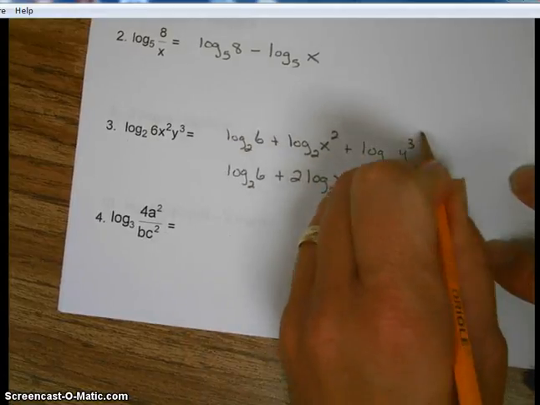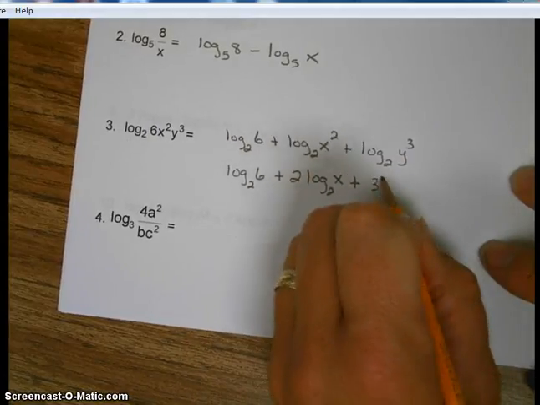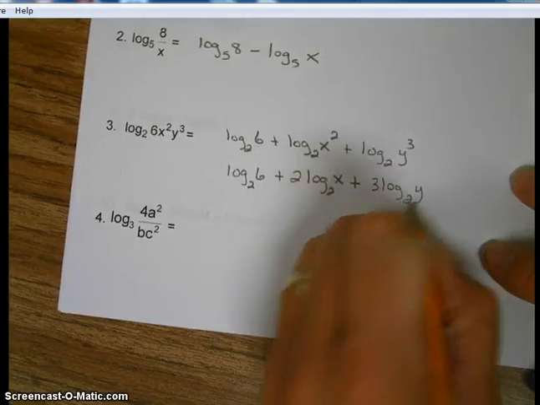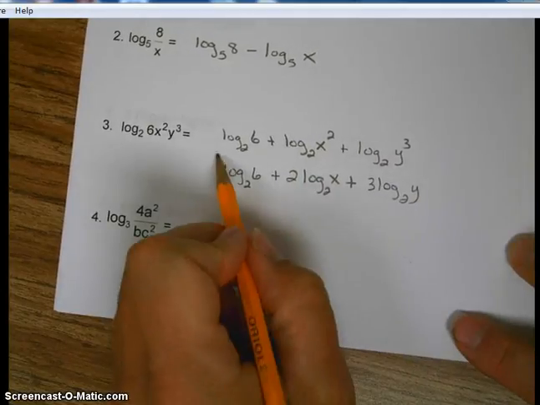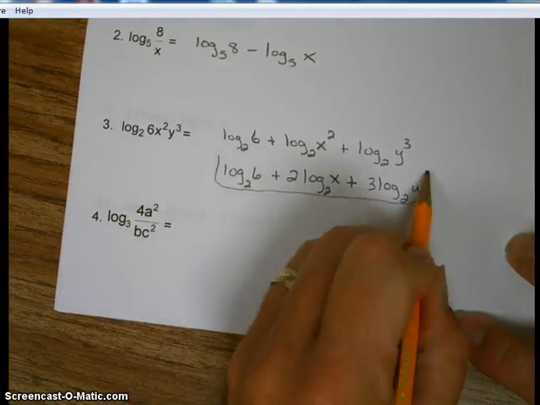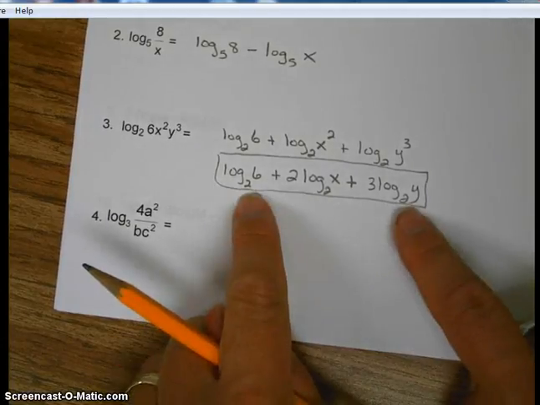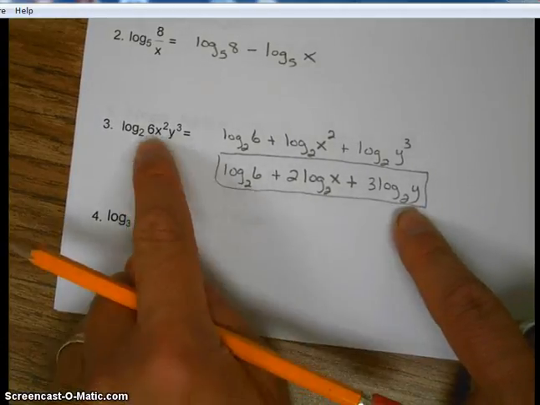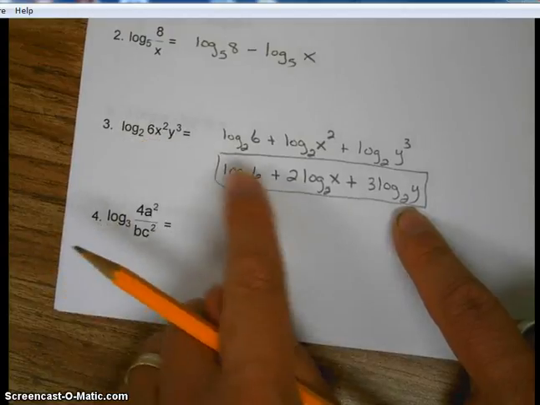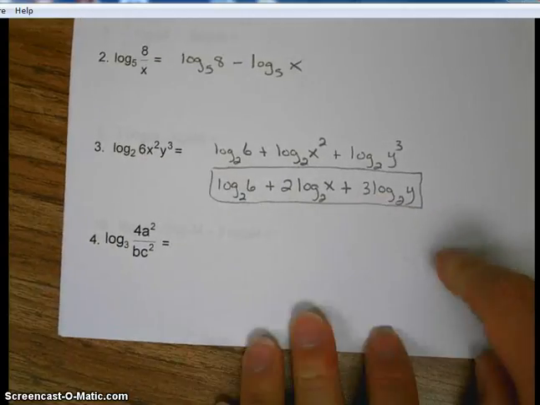Bring the 3 down front, 3 log base 2 of y. And there you go, completely expanded out. One thing to keep in mind too is that when you're in expanded form and you want to go back to the condensed form, the bases have to be the same in order to do that.